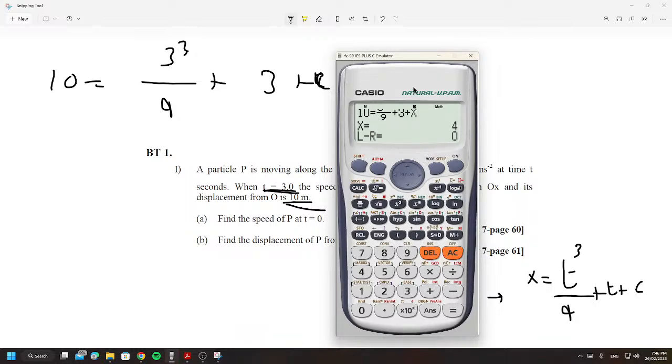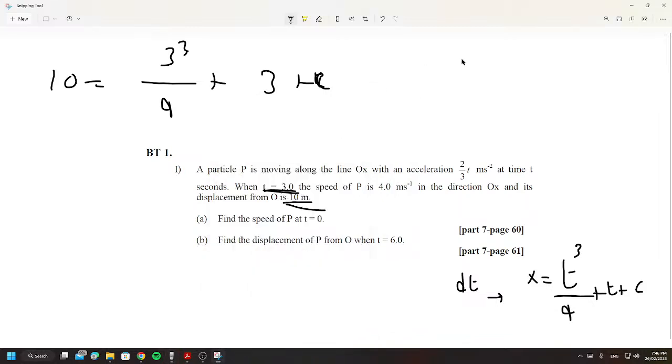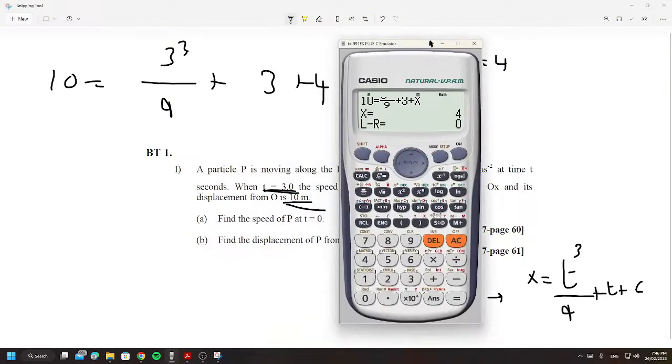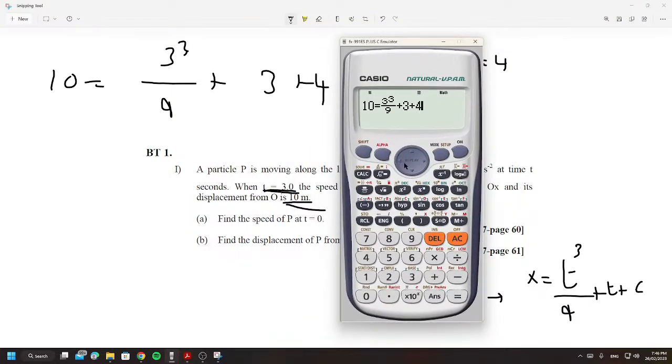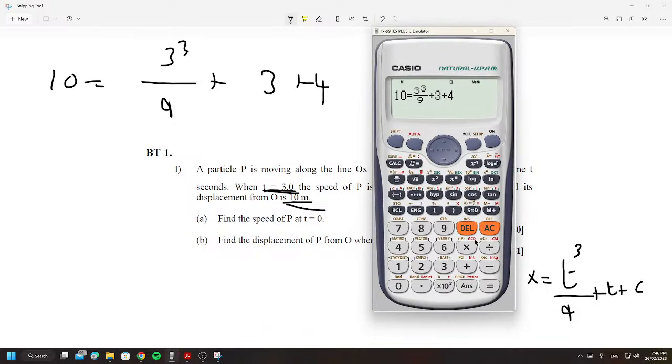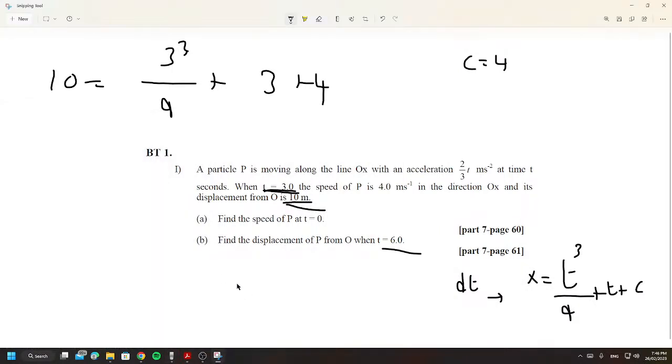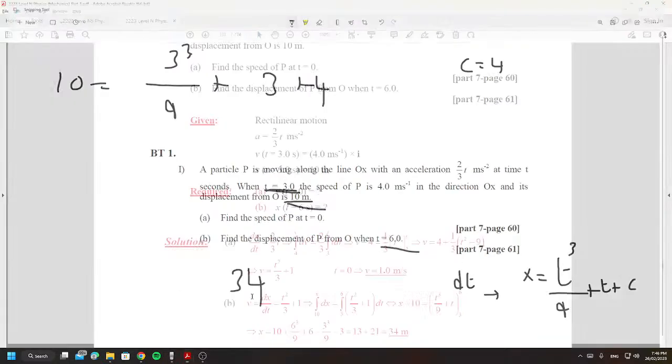So c is equal to 4. Okay, so we substitute 4 here, and then we substitute t equals to 6, and we should get 34. So let's go back here, and this should be 6, and this should be 6, and we're going to get a new answer. So we should get 34. 34 is the correct answer. We're back on track. Let's go. Okay. Next question.